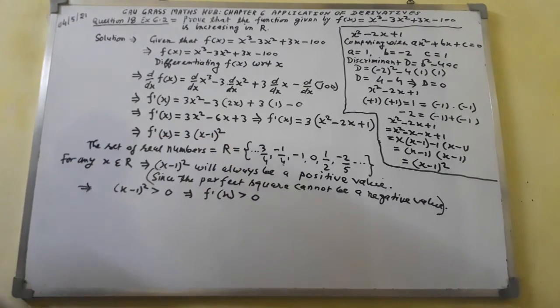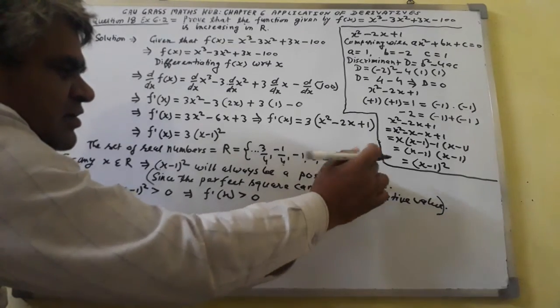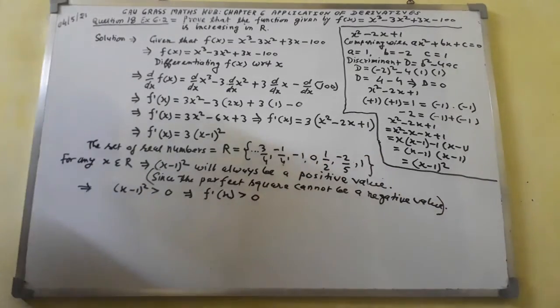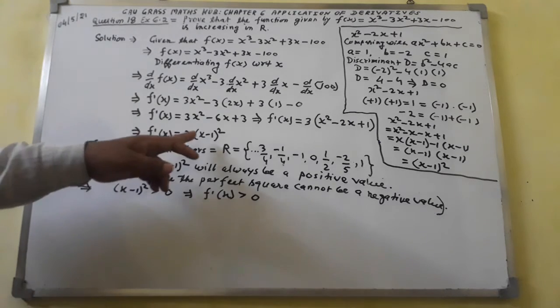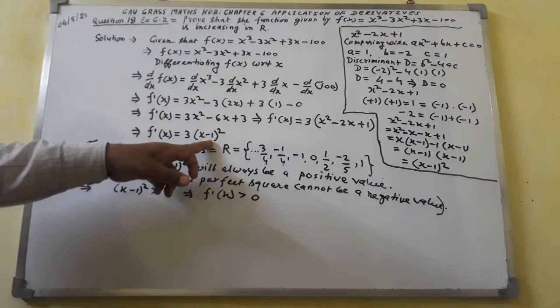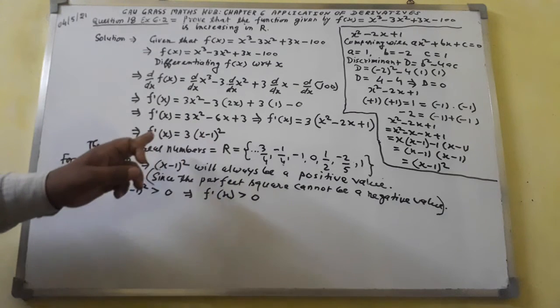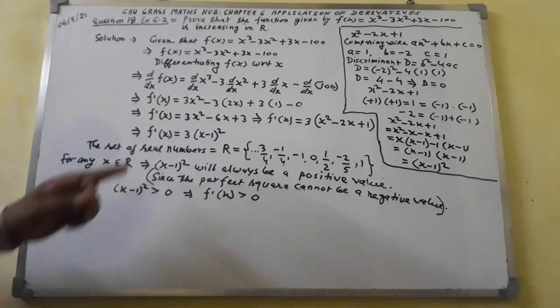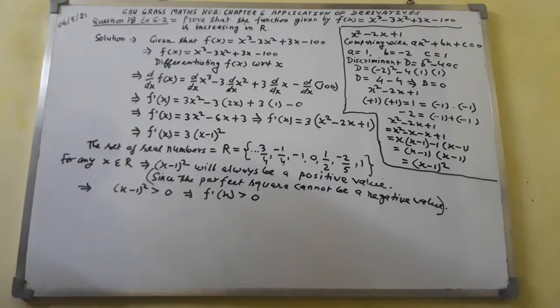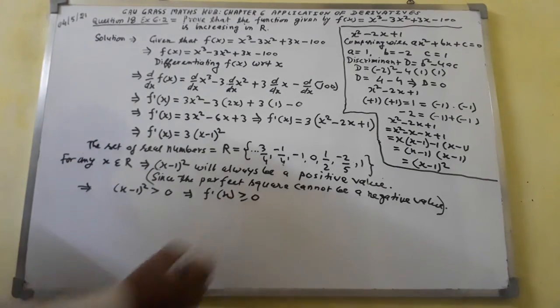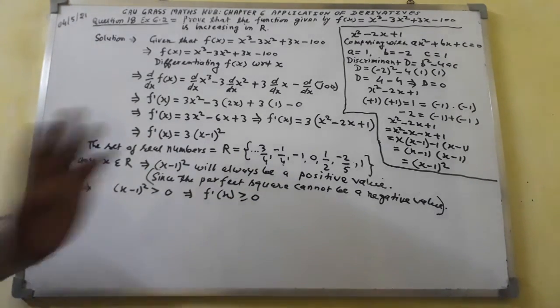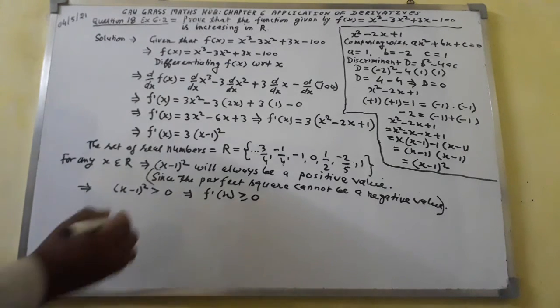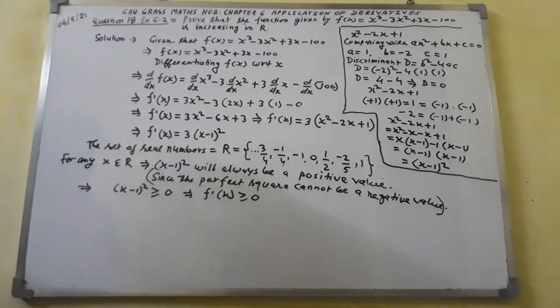Here I shall write 1, because 1 is also a real number. If you put here 1, 1 minus 1 comes out to be 0 whole square 0. So f dash x will be 0. So f dash x will be equal to 0 or greater than 0. So this we can get here.